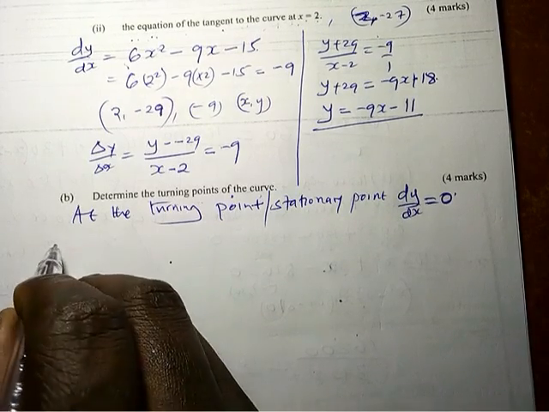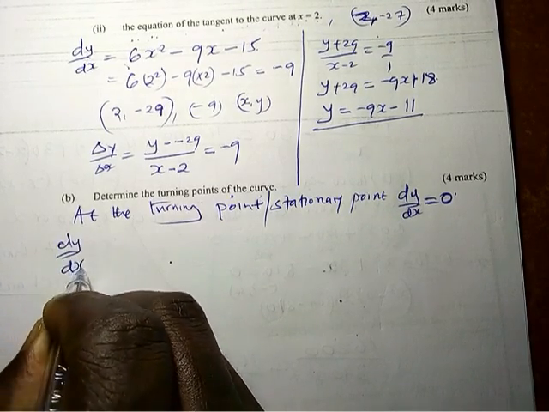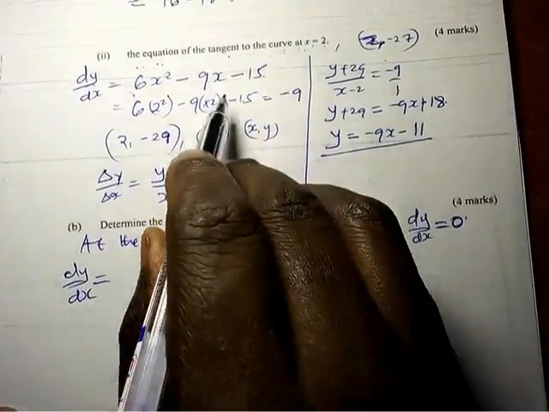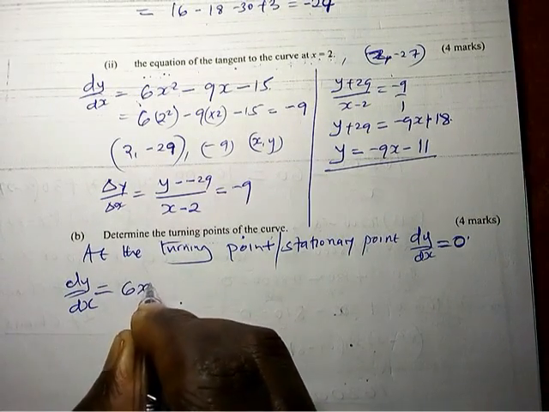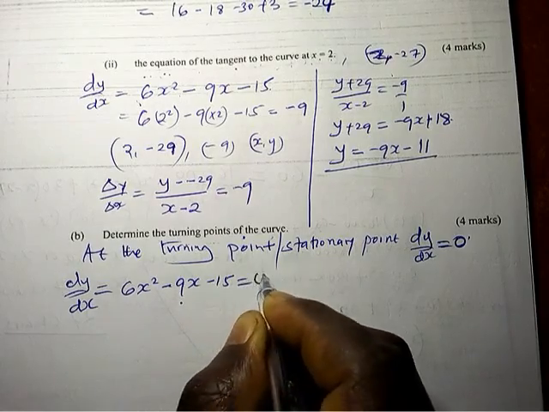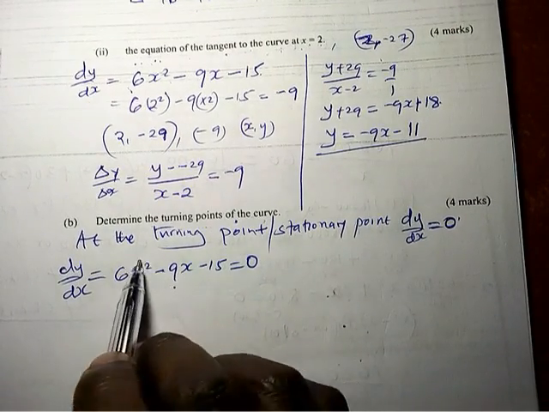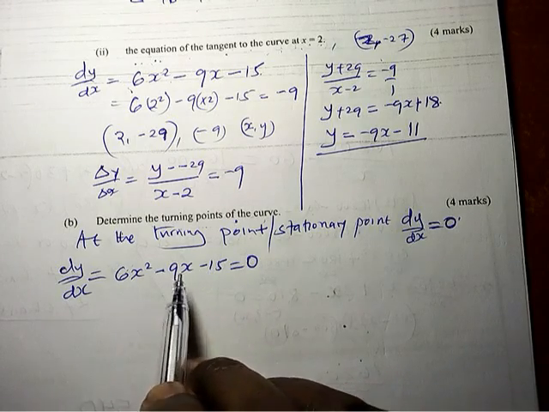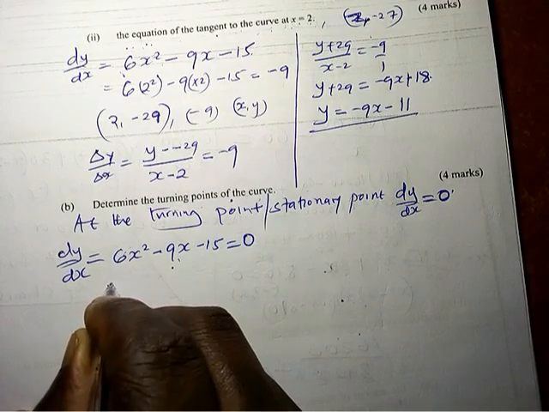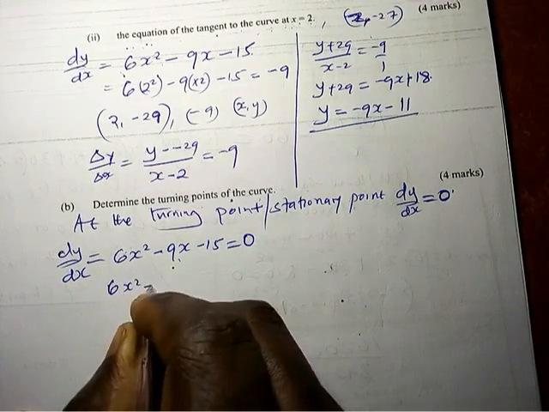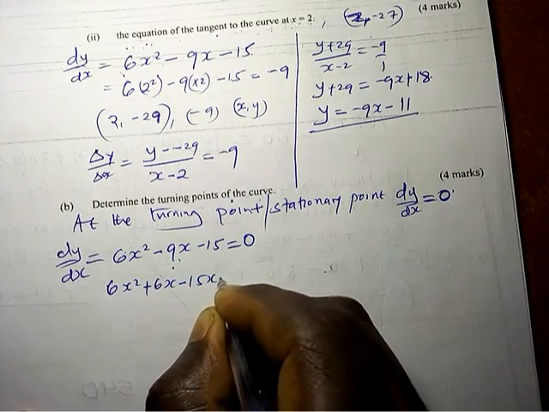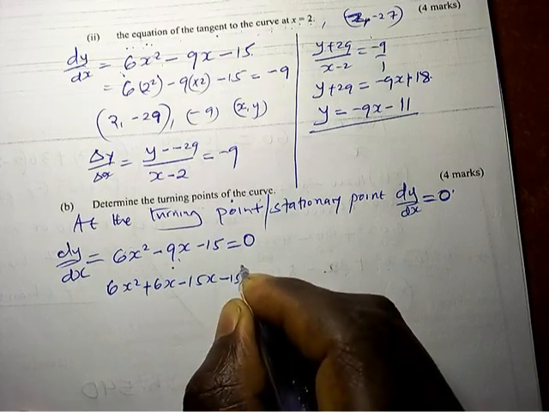So our dy over dx is the derivative of this equation, which we have already found here. It is 6x squared minus 9x minus 15. It should be equal to 0. So now we are looking for the values of x.